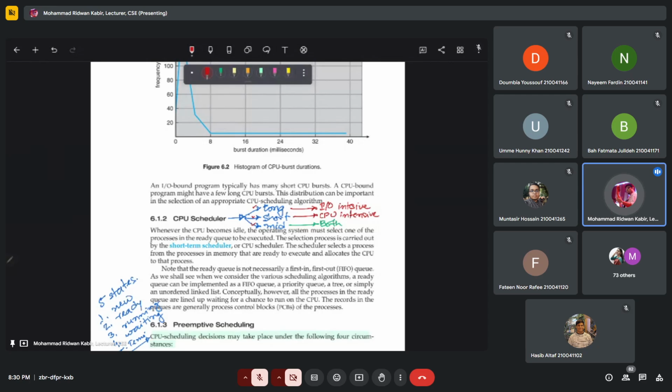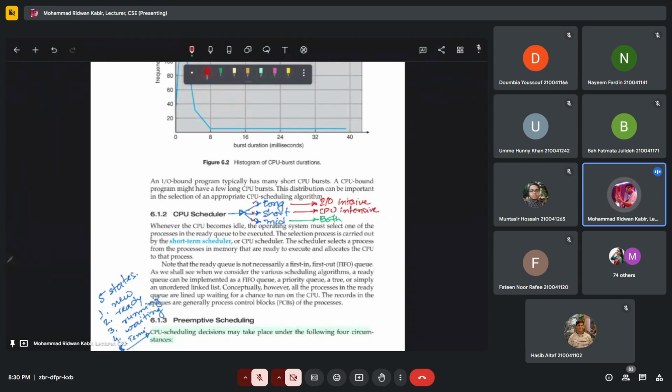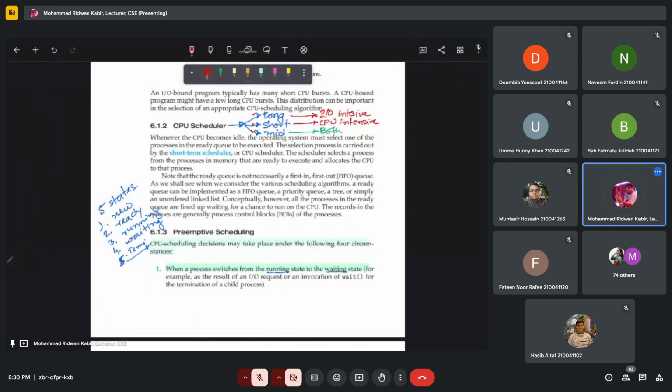And what about the short-term scheduler? It basically deals with the CPU intensive tasks most of the time. And a mid-term scheduler ensures a balance between these two types of tasks so that a user task does not only become CPU oriented or only IO oriented. So a mid-term scheduler is preferred over the two schedulers.